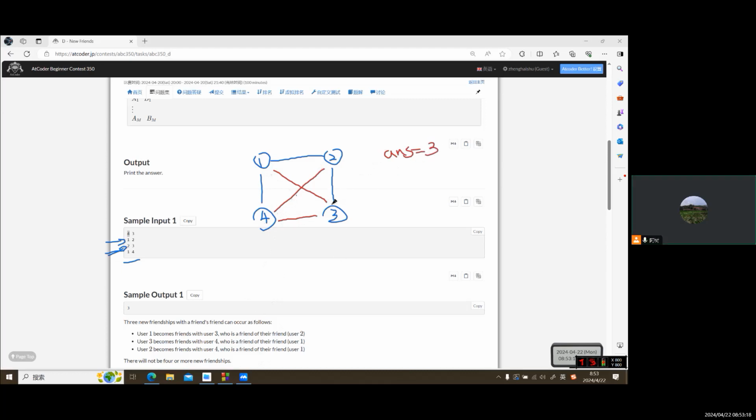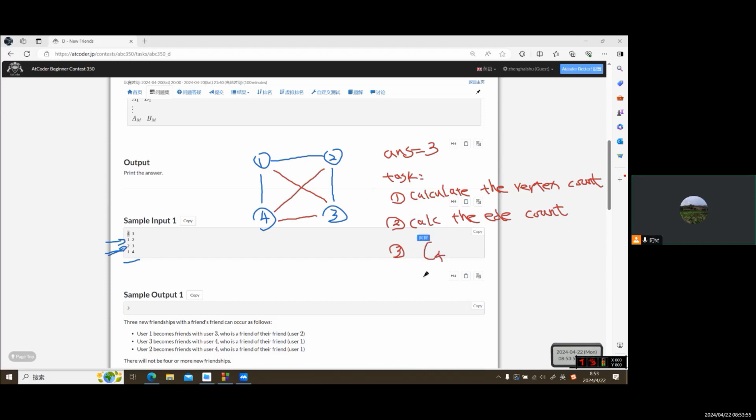Okay. So our task is to calculate the vertex count, and then we need to calculate the edge count. Finally, here is a combination between 2 people.